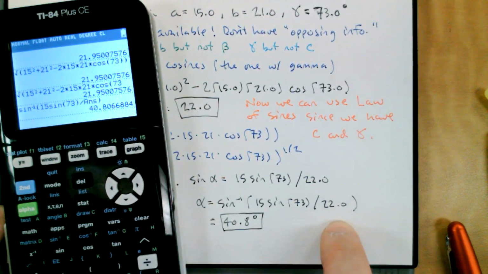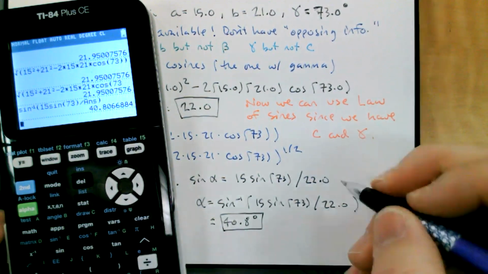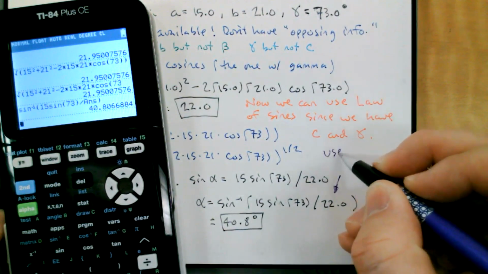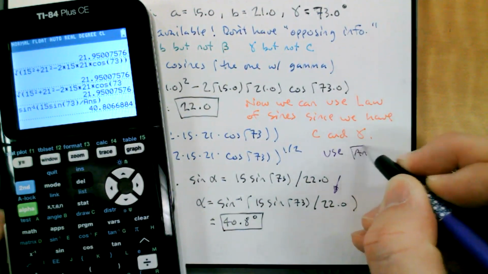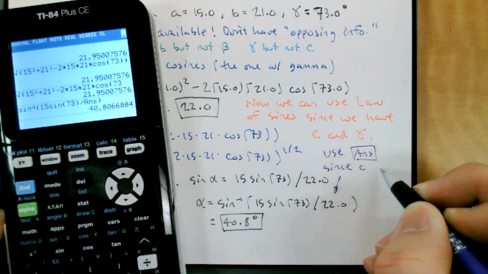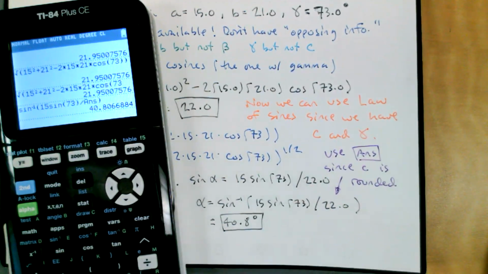So this 22 was the answer from before. I'm just going to use answer because C is rounded. I'm going to use the 21.95007576 number button on my calculator.